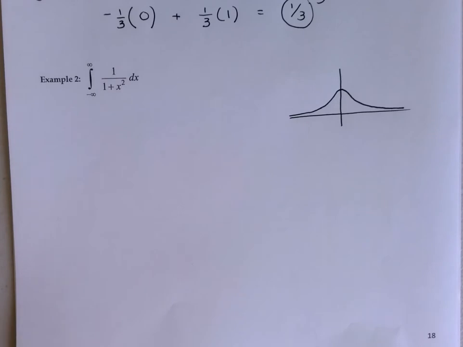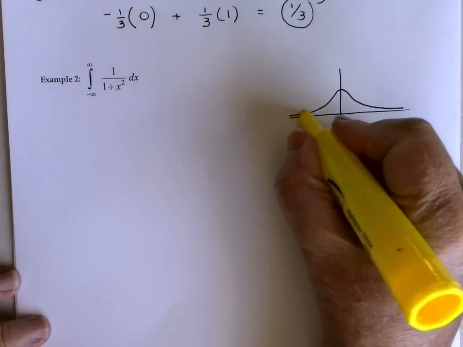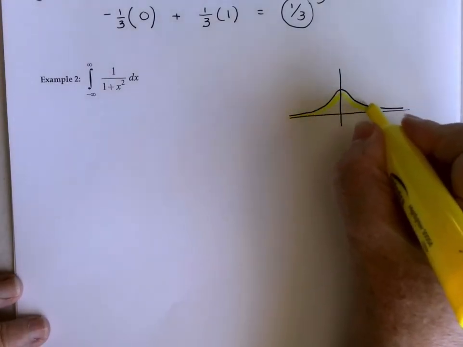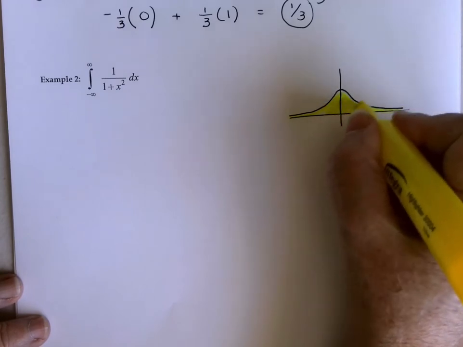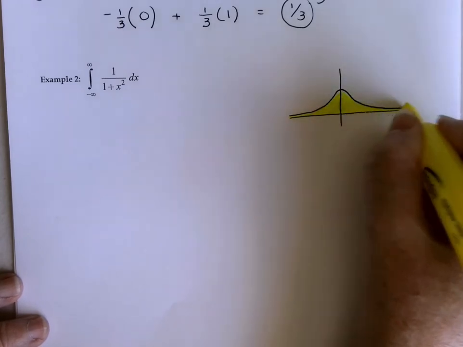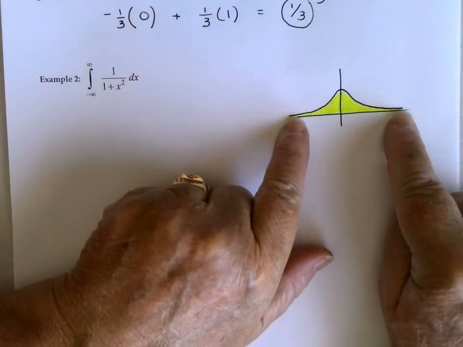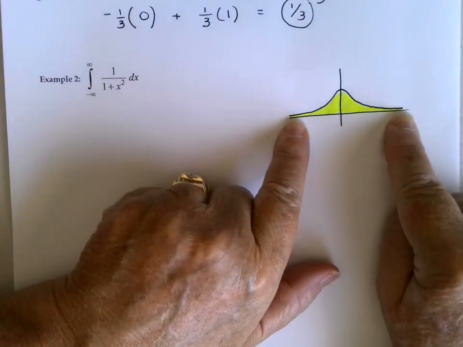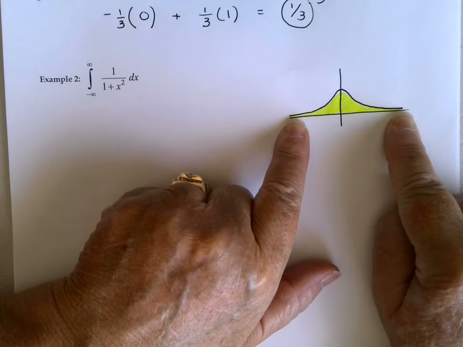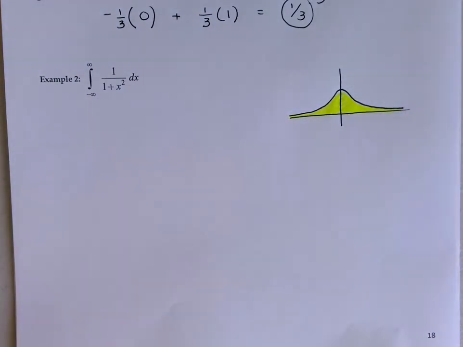So we want the entire area from the left side to the right. Okay, on forever. Again, the ends get squeezed down very small, so it's possible that I've got a finite limit, although not guaranteed, as we'll see a little bit later.